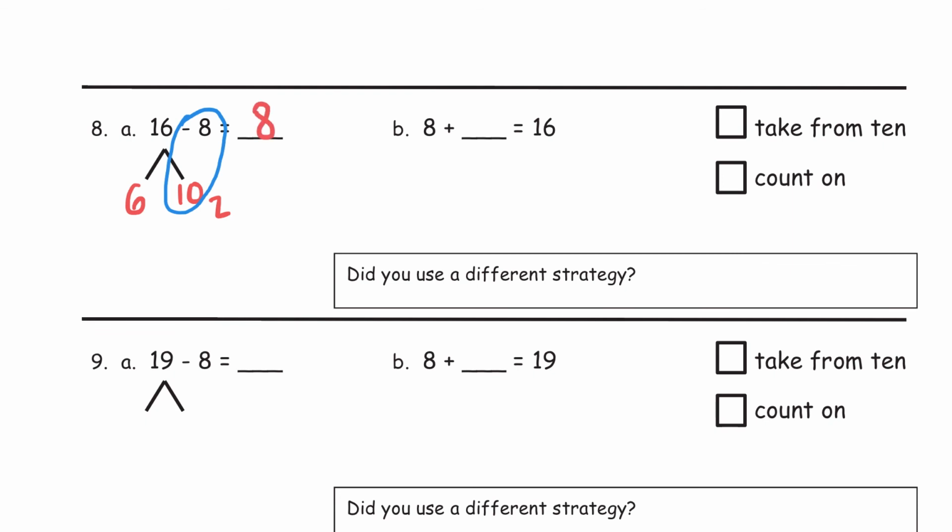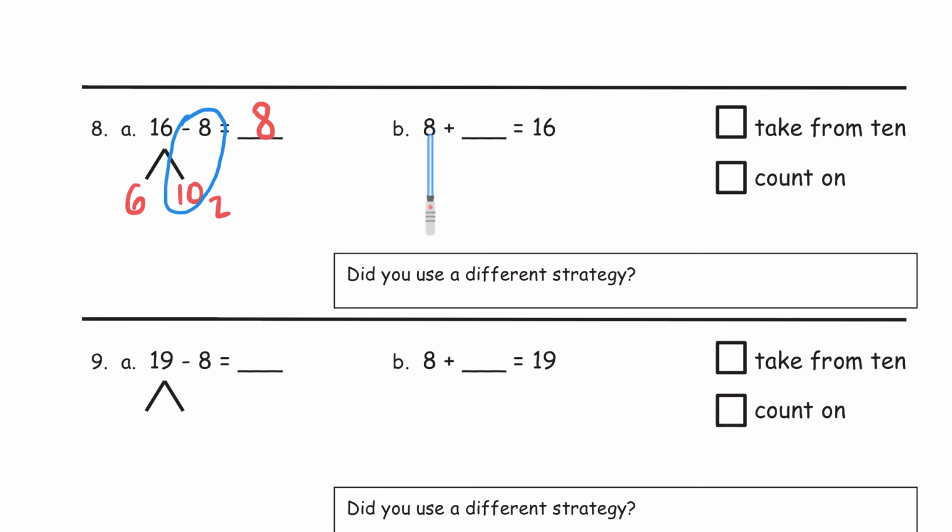Okay, now we're going to do the counting on strategy here. 8, and we're going to count on to 16. 8 plus what is 16? But I don't need to count on, do I? I can look over here at my fact family. I have 16 minus 8 equals 8. And I know if I do the opposite, 8 plus 8 equals 16.